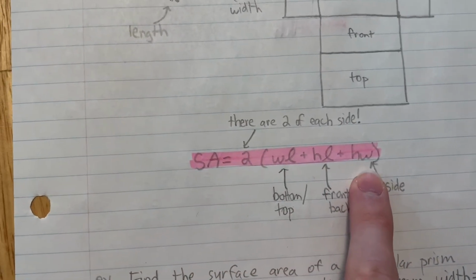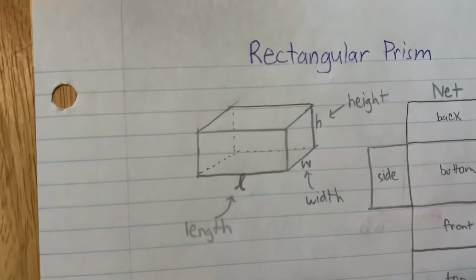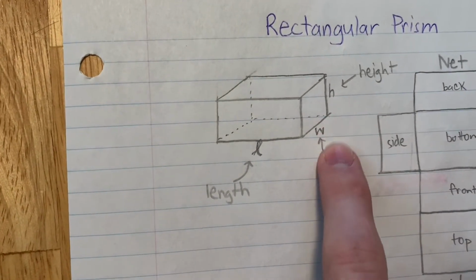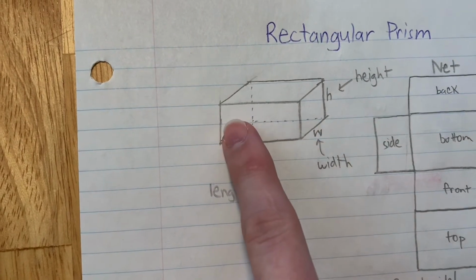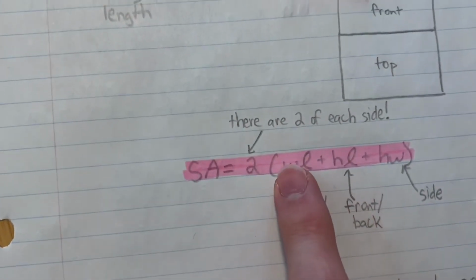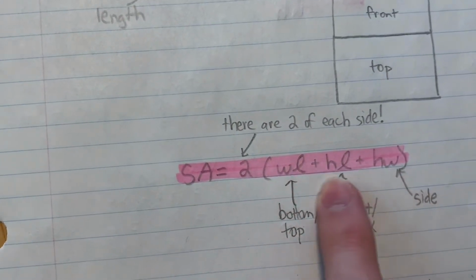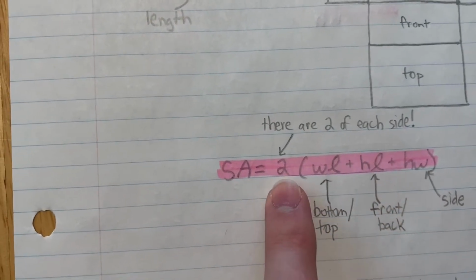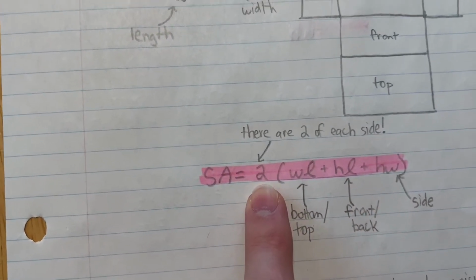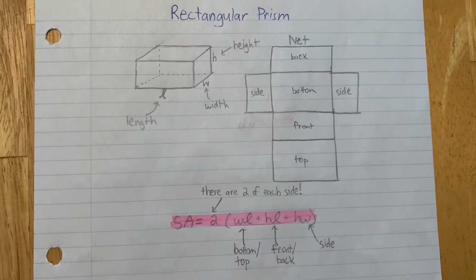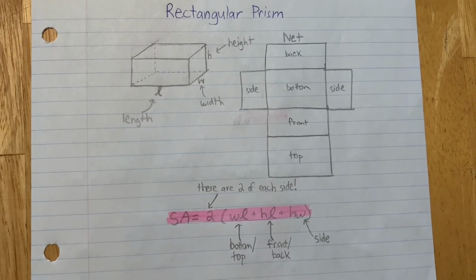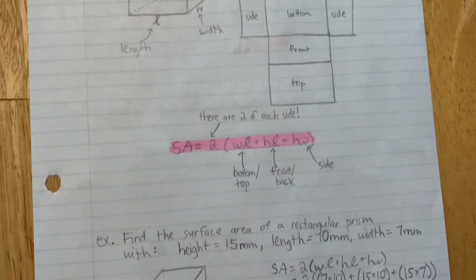And lastly, height times width. So we have our height and then we have our width, and that's for one side. So we obviously need to multiply it by the 2. So we add all of these guys up and then we multiply it by 2. Okay? So hopefully that makes sense to you. Highlight that formula or box it so it stands out. And now we're going to move on to an example.